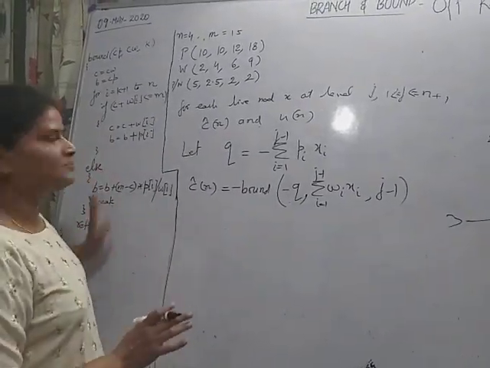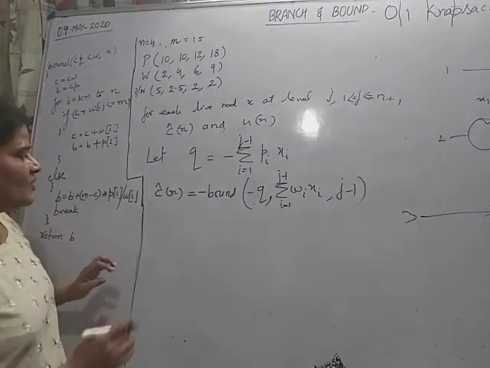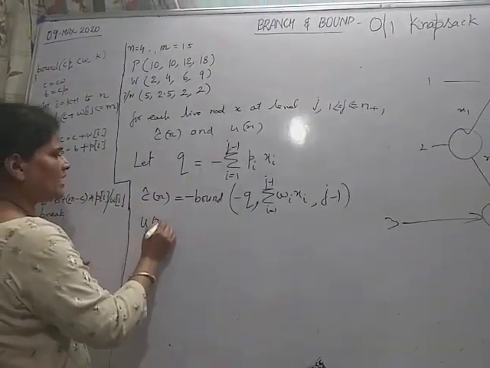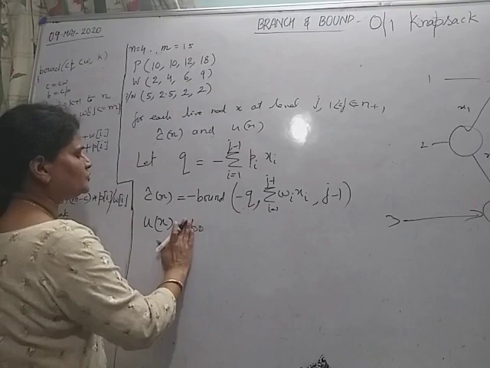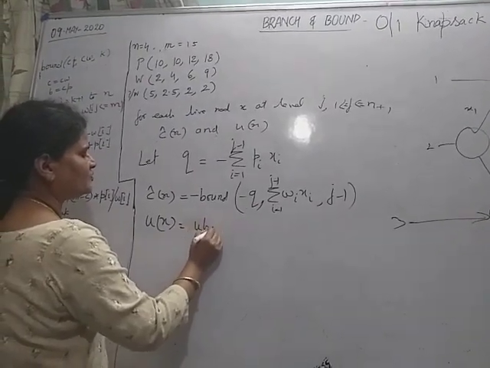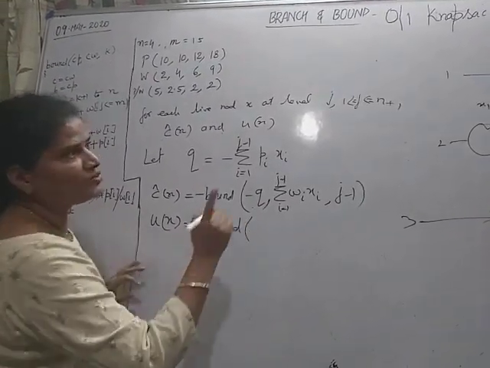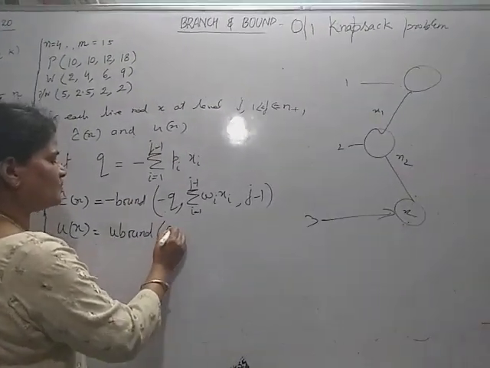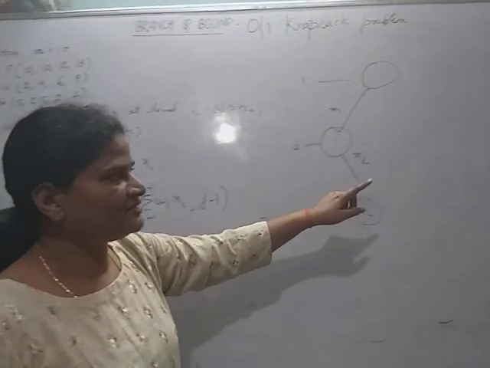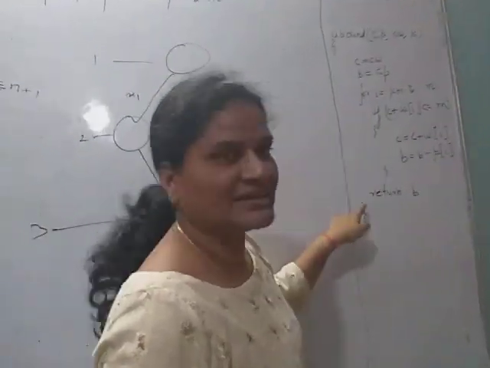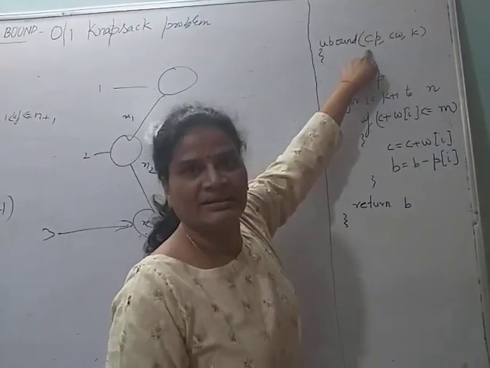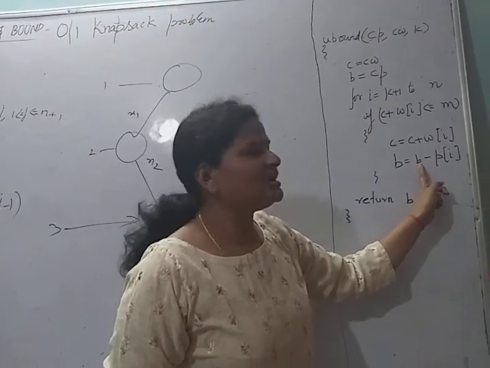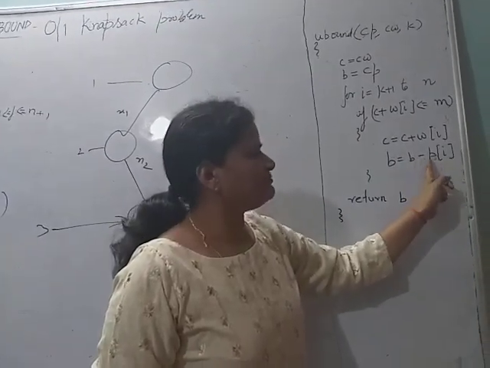And for ux I will call the u bound function. In the u bound function the profit is Q directly, because carefully see, in the u bound function Cp is negative and B is simply Pi.